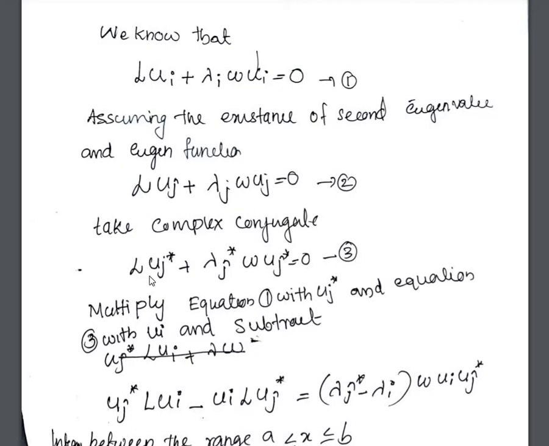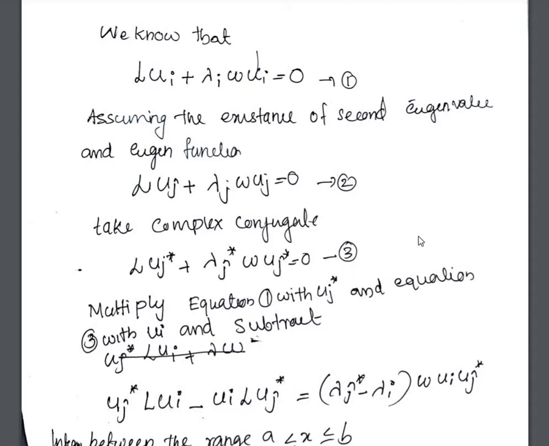So when we multiply it with ui, you will get ui L uj star plus lambda j star ui w uj star is equal to 0.